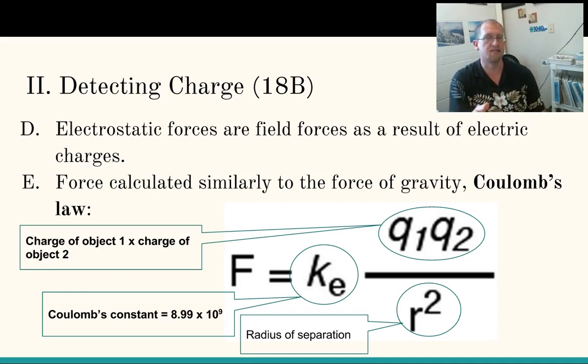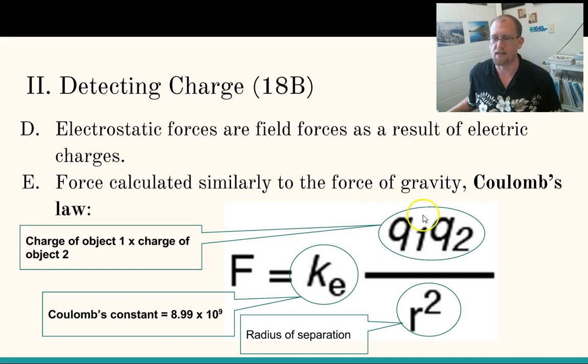The equation is in the same format, and if you remember how gravity works, gravity was the mass of one object times the mass of another object, divided by the square of the radius of their separation, times the gravitational constant. This looks exactly the same, only it's the charge of one object times the charge of another object, divided by the square of the radius of their separation, how far apart they are, right? And then it's not times the gravitational constant, but times Coulomb's constant.